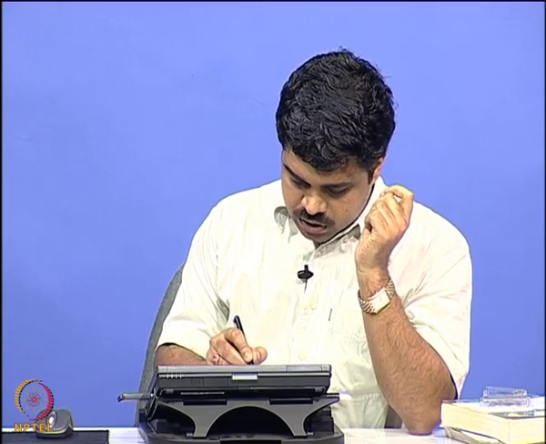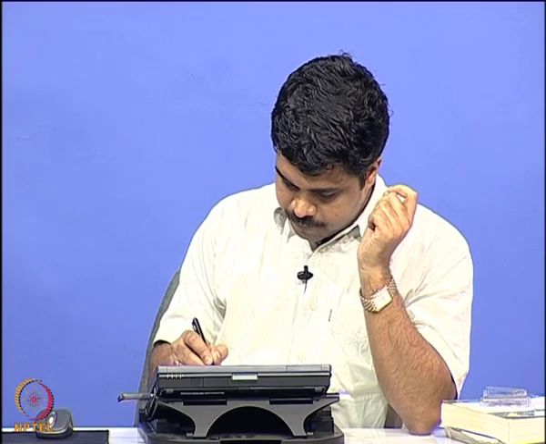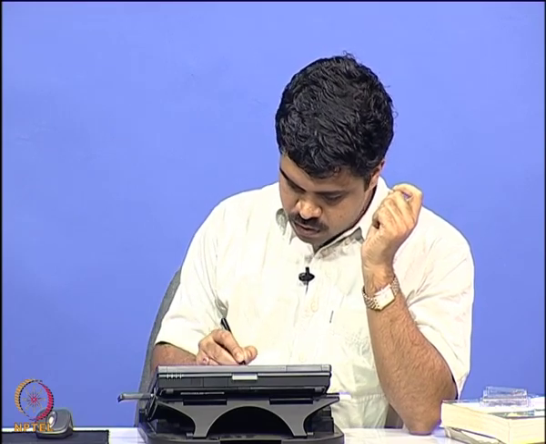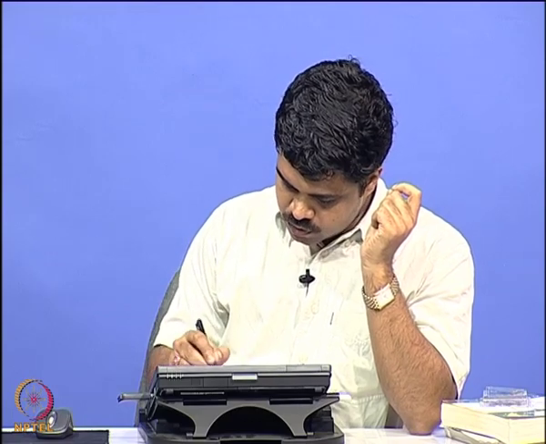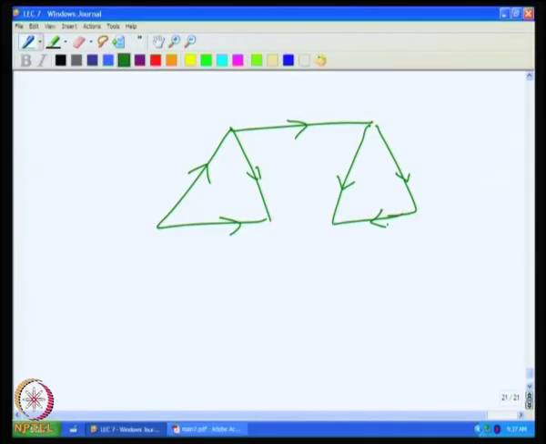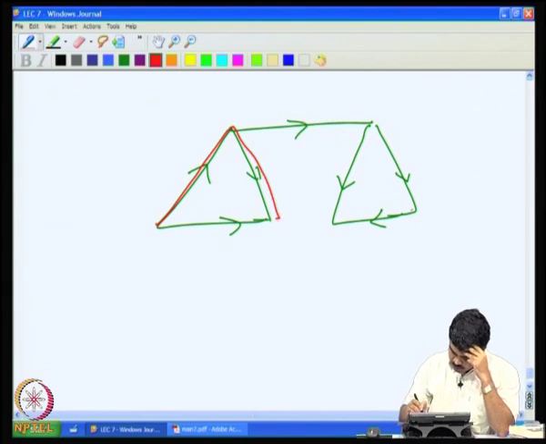So for instance, I can consider this graph. Here I will mark some path cover. So this is a path cover here. It is a directed path, right? Here also this is a path cover.